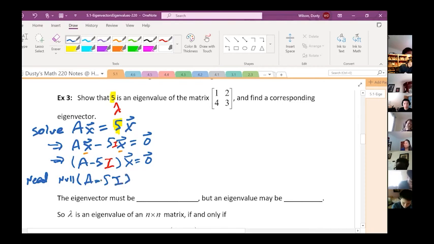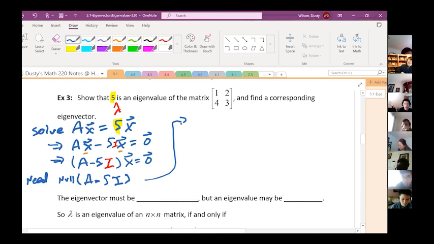So do you remember how we find the null space? How do we find the null space, or the non-trivial solutions, if you will?